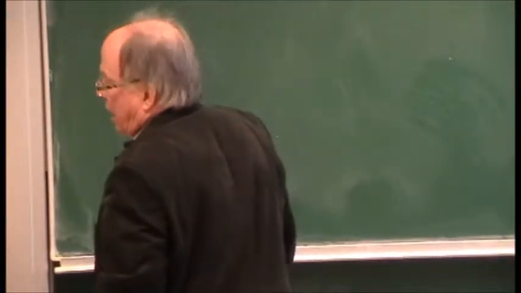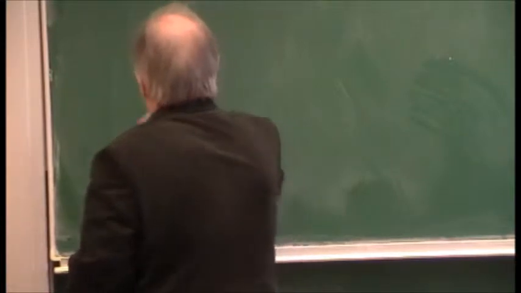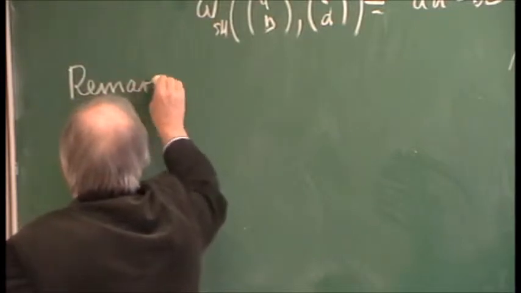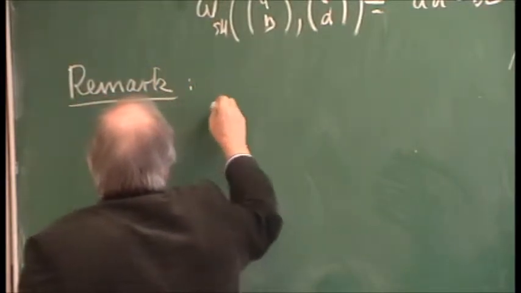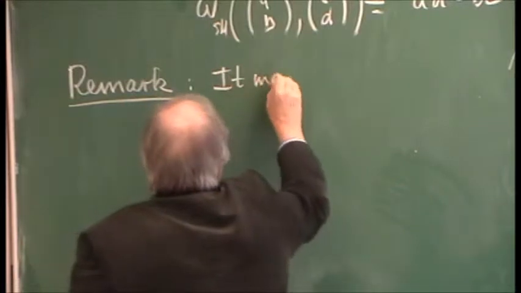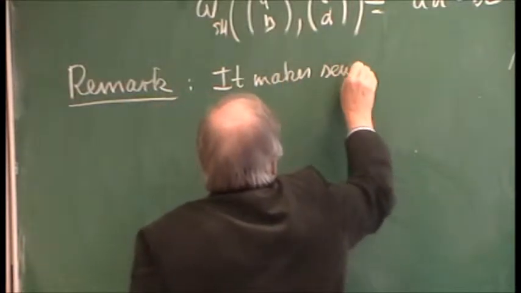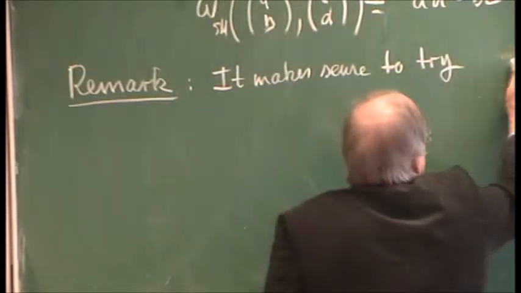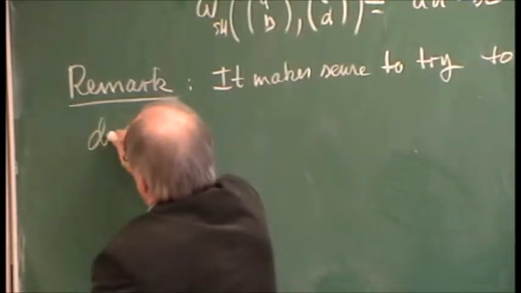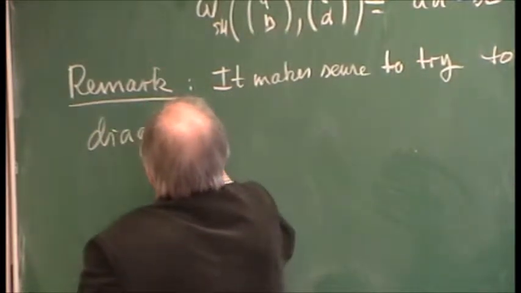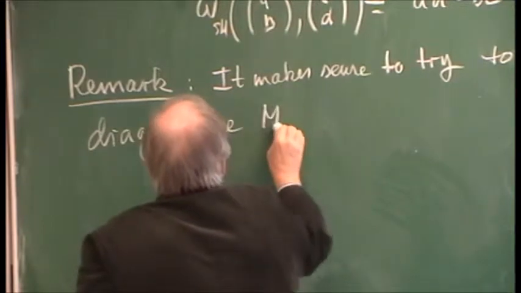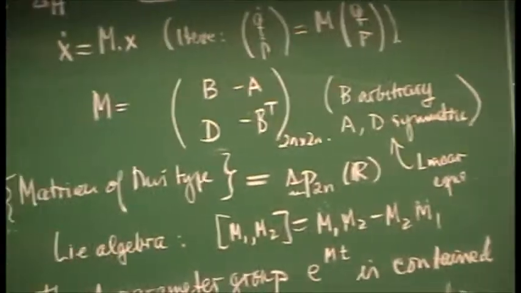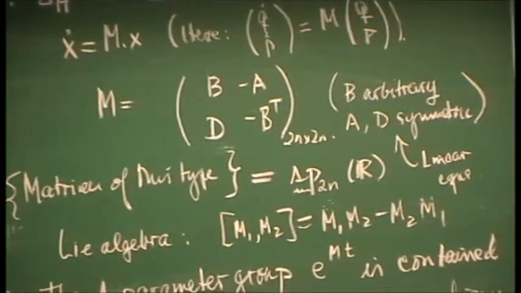So that's good. And then we did this example. I did make the remark, I'm just still reviewing. It makes sense to try to diagonalize M. M will always be this matrix, which is the linear field.